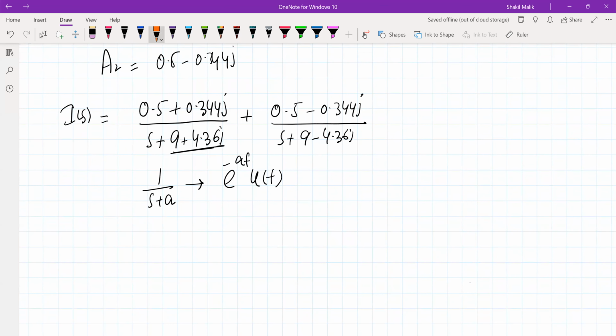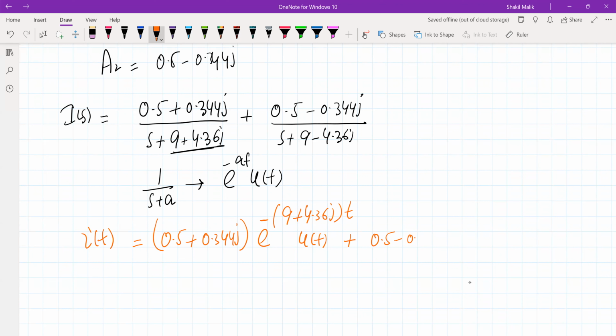So if we replace it by its inverse Laplace transform, we'll get i of t equal to (0.5 plus 0.344j) e to the power of minus (9 plus 4.36j) t, u of t, plus (0.5 minus 0.344j), this is the coefficient or the residue, e to the power of minus (9 minus 4.36j) t, u of t.